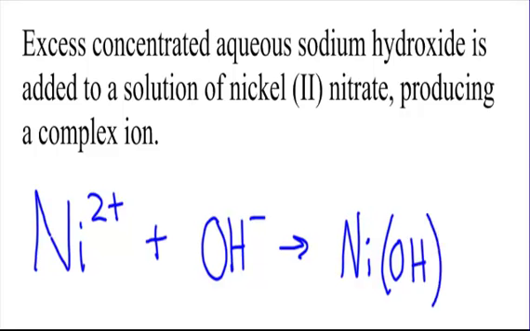Nickel's charge is initially plus 2, so we need 4 hydroxides, and I balance my hydroxide with 4. Looking at my charges, I have plus 2 for the nickel and 4 negatives from the 4 hydroxides, which means I get a 2 minus overall charge, balancing both my atoms and my charges.